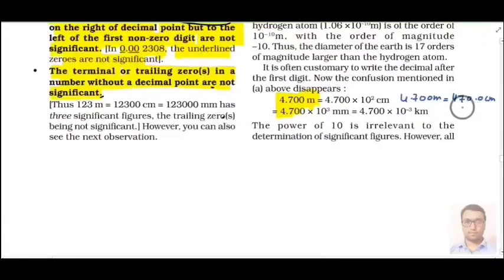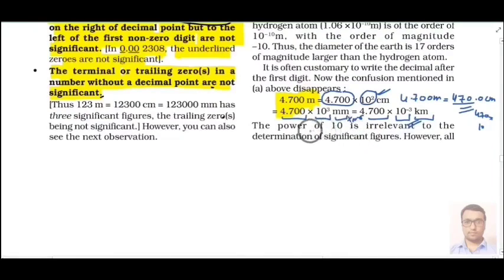Then the proper way to write this number is that this 470, you can see it is greater than 10, so we will write it as 4.700 into 10 raised to the power 2. And this is called scientific notation. For example, if you have the number 4.700 into 10 raised to the power 3 mm and you want to convert it into kilometer, then you multiply it by 10 raised to the power minus 6. So this will become 4.700 into 10 raised to the power minus 3.